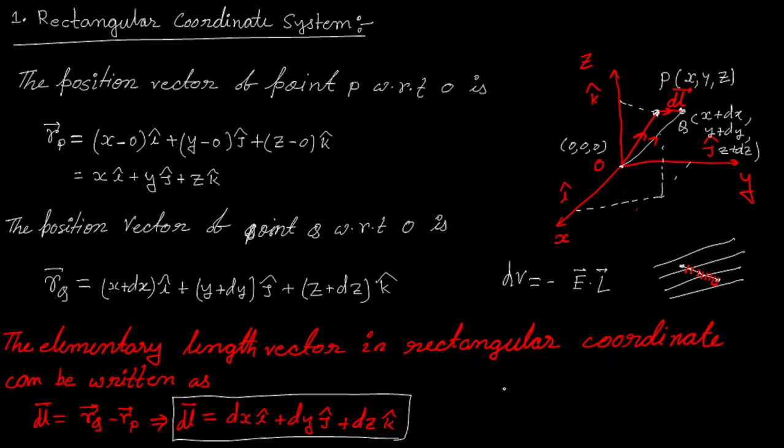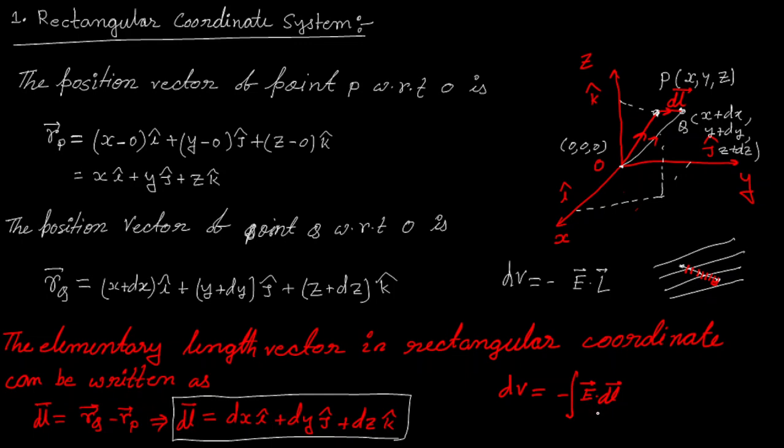So then we can define this potential difference this way: minus E dot dl. This is the potential difference over this length, and then the next length and the next length, and then we have to add all the small parts together. But since it is a continuous electric field, we can replace this summation by an integration.